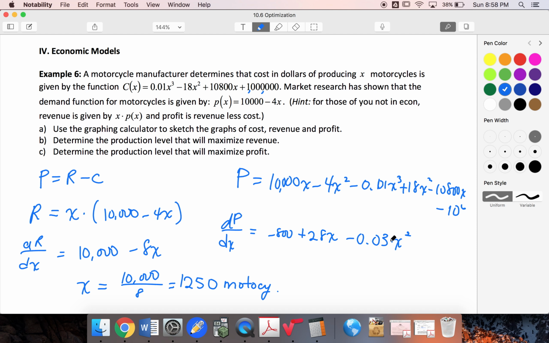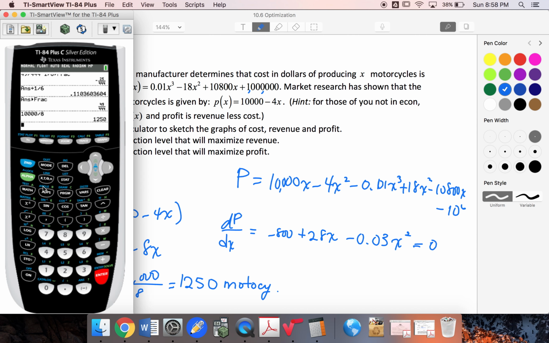I have a quadratic, so setting this equal to 0, I'm going to use my calculator. This time I'm going to use polysimult. All right, I've got a quadratic: negative 0.03, 28, negative 800.